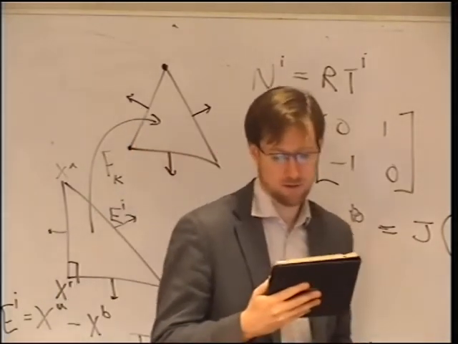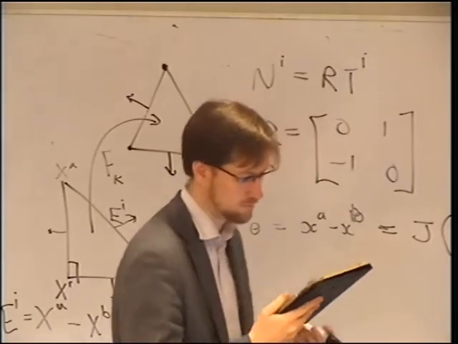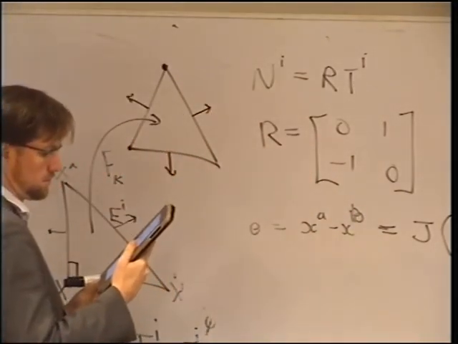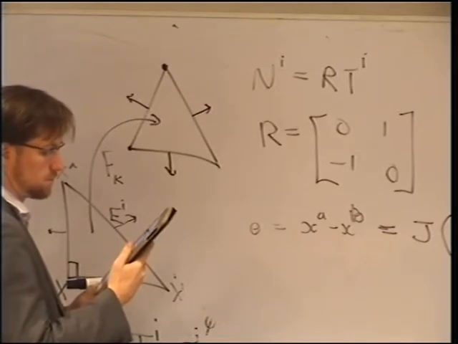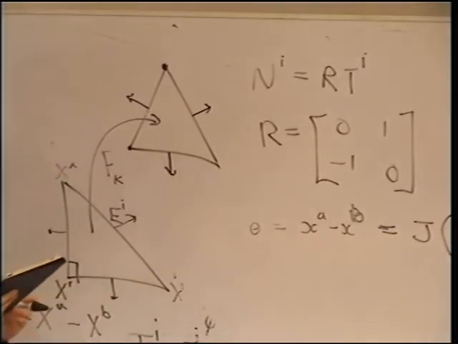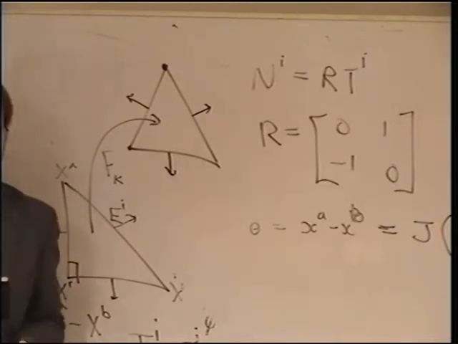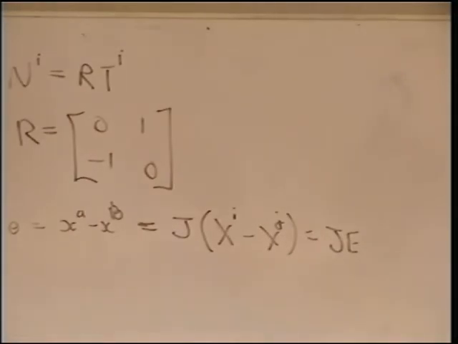Now, in order to get the normals, we need to do a little bit of matrix algebra. In order to get the normals out of this, we need a couple of identities.